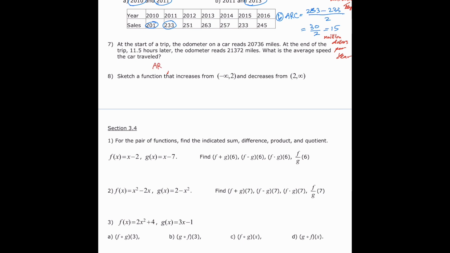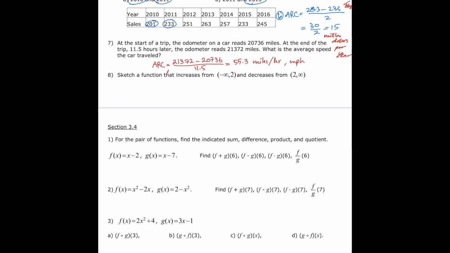That is the average rate of change, which is going to be the reading of the odometer after the trip minus the reading of the odometer before the trip over the difference in time, which is 11.5 hours. So that is going to be 55.3 miles per hour, or we could say miles per hour. But the unit is very important.